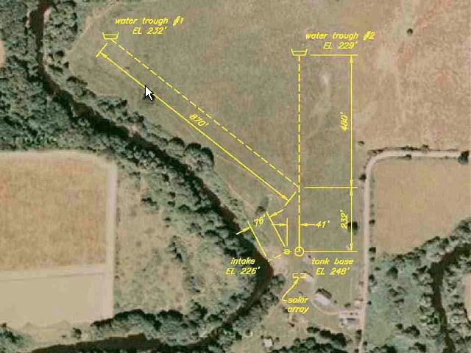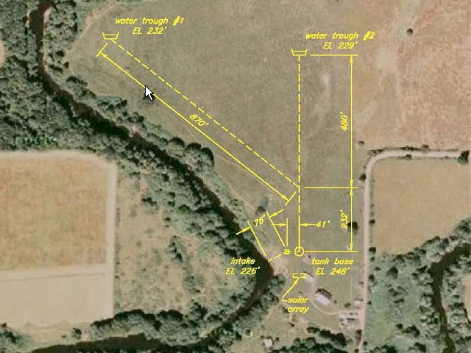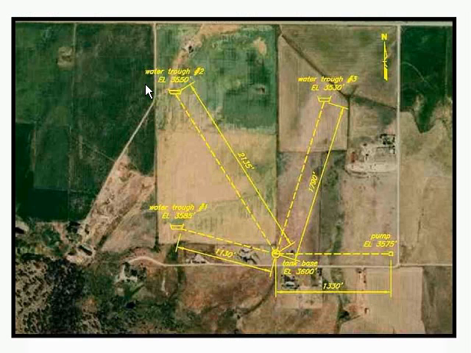Let's talk a little bit about location and layout. We're going to want to locate our troughs in areas that are away from sensitive areas. We need to know distances from our water source to where our troughs are, and elevation changes as well. If we're going to have multiple troughs, the way that we typically design these systems is, if you have one trough operating at a time, you're going to move one herd to different paddocks or pastures.